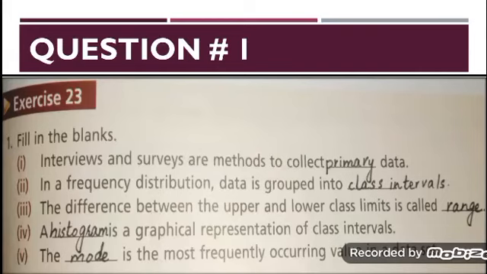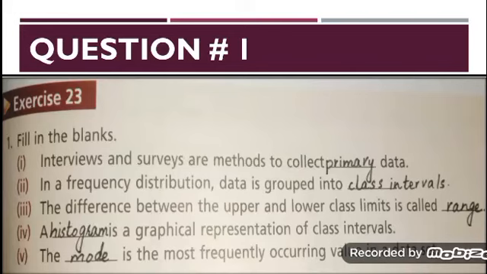The examples of primary data are interviews and surveys, which we directly take from some source, and the secondary data is collected indirectly, for example news articles, books, etc. So here interviews and surveys are methods to collect primary data.